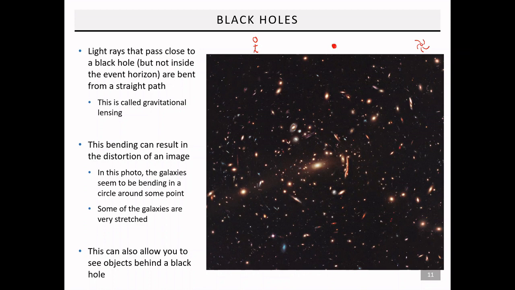Now light from these galaxies tries to pass by this black hole. As it passes by, it gets bent, and it gets bent so that it does reach us on Earth. So then what we see is this distorted image of the galaxy.